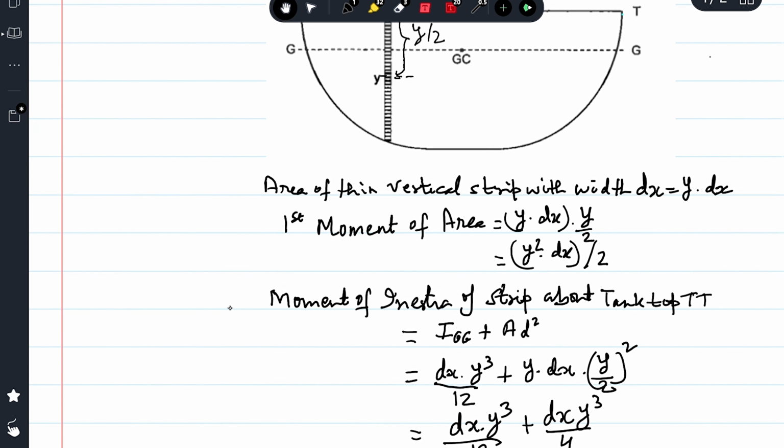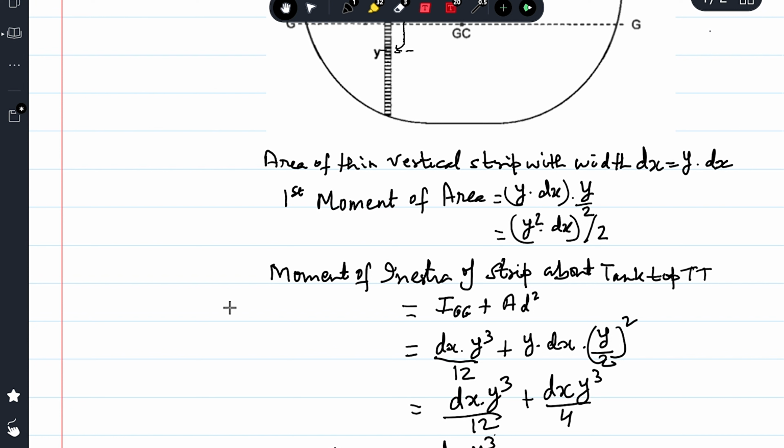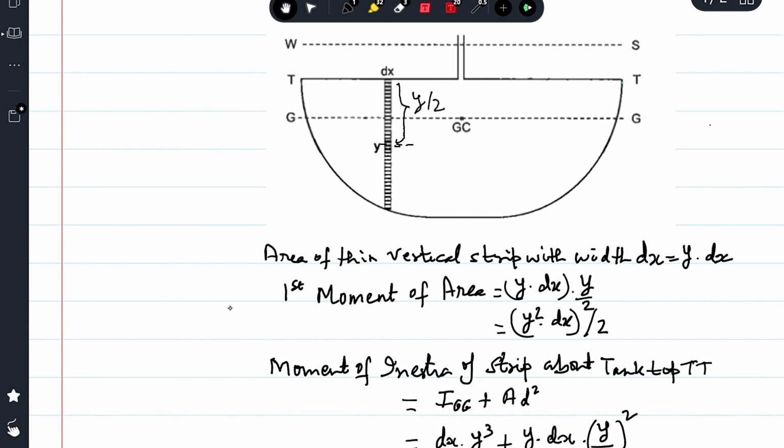Now the next column after y square will be y cube. How do we arrive at that? What is the moment of inertia of this vertical thin strip about tank top?